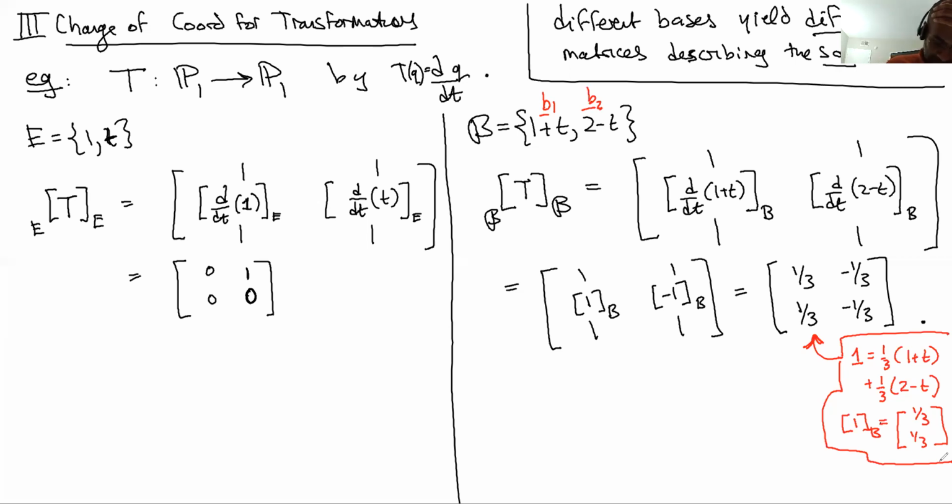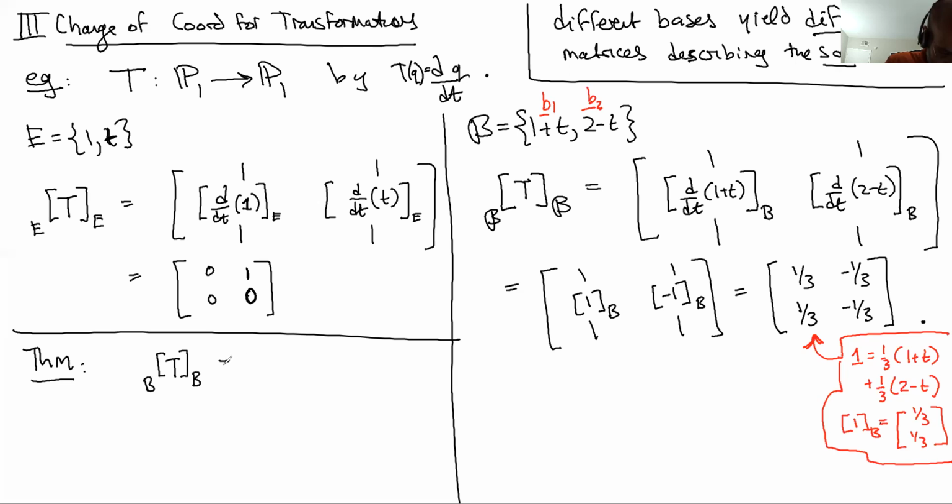Okay. So this is just an example. Now the question I want to ask is, how are these matrices related? And the sort of beautiful theorem or fact is that the matrix of T in the B basis is the matrix of T in the E basis.